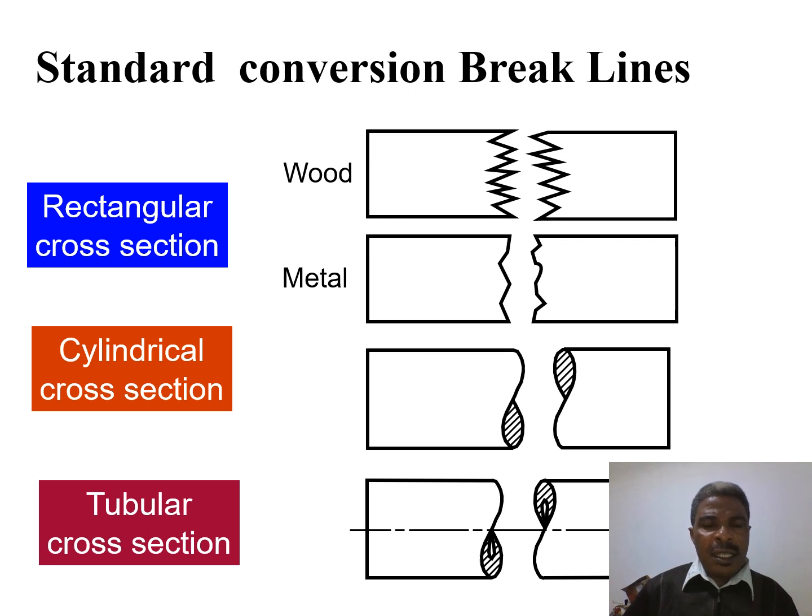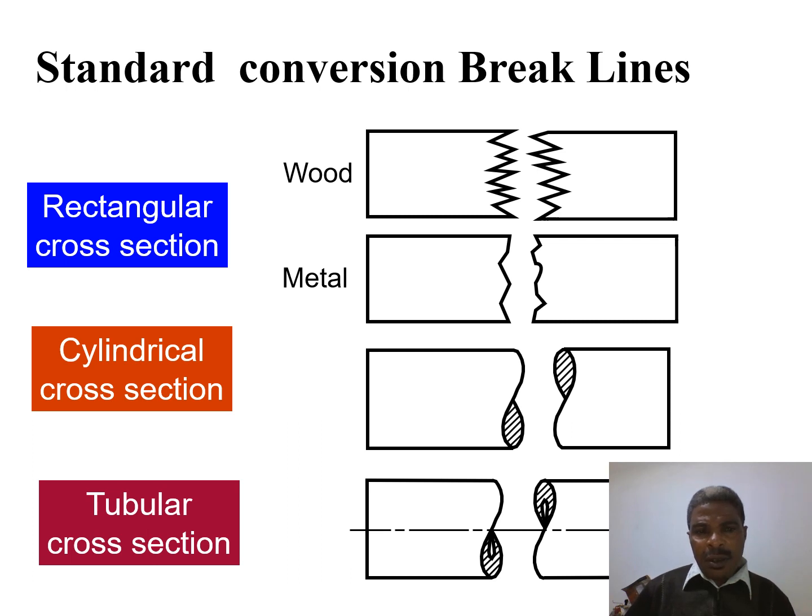So lastly, for standard conventional break lines, for rectangular cross section of wooden material, one would have the zigzag of Z nature to indicate that there is a breaking of the material. Also for metal, because metals are very brittle, you can see how they are broken.